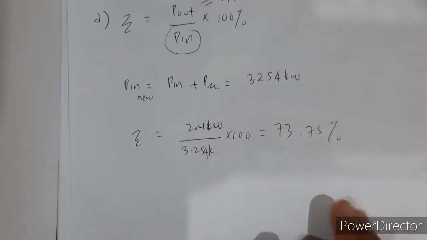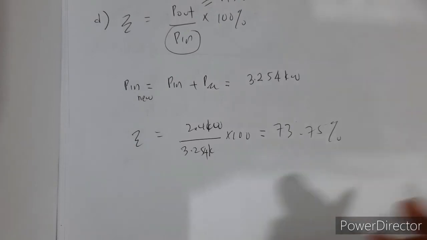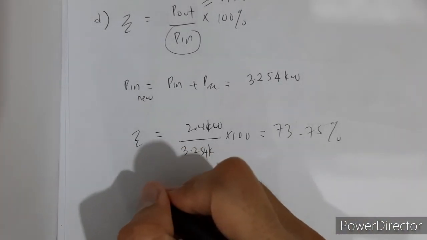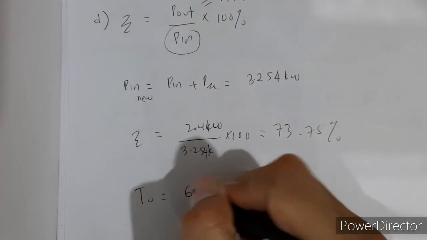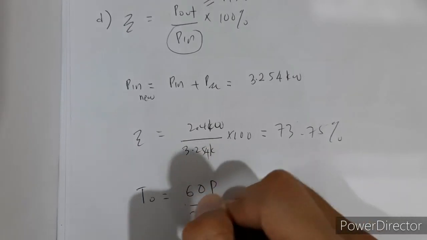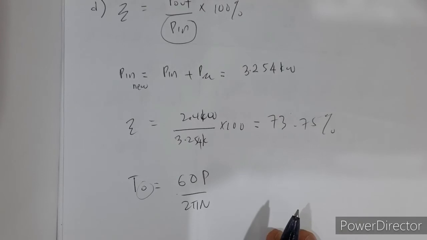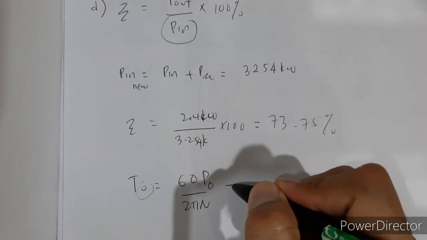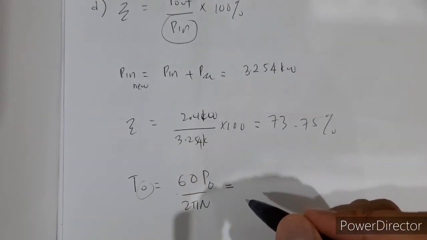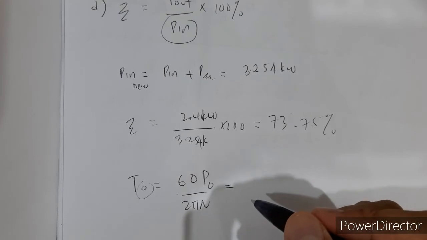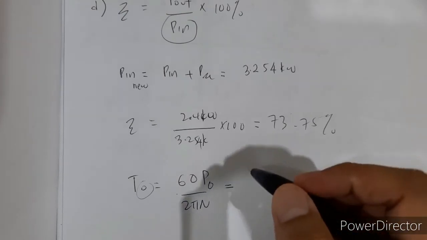And then the last question is generator output torque. We know that T out equals 60 P over 2 pi n. Because the question asks for T out, this is P out, and P out is VT IL.